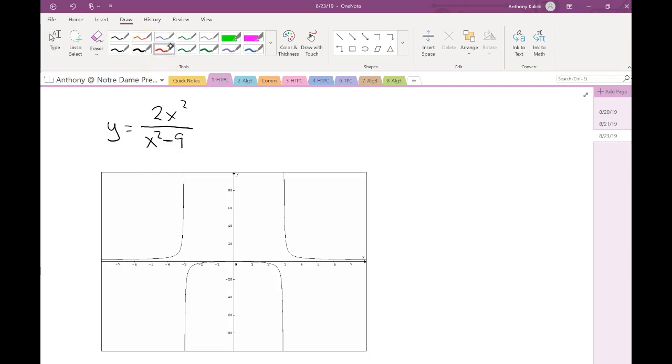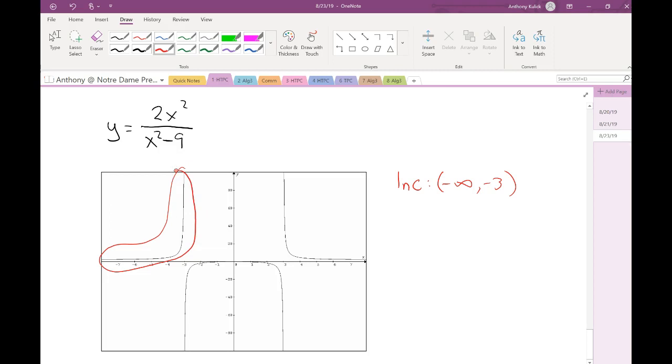All right. So let's take a look at this. Do we see any segments that are increasing here? Okay. Where do we see that's increasing? Negative infinity to negative 3. So we're saying this piece right here.